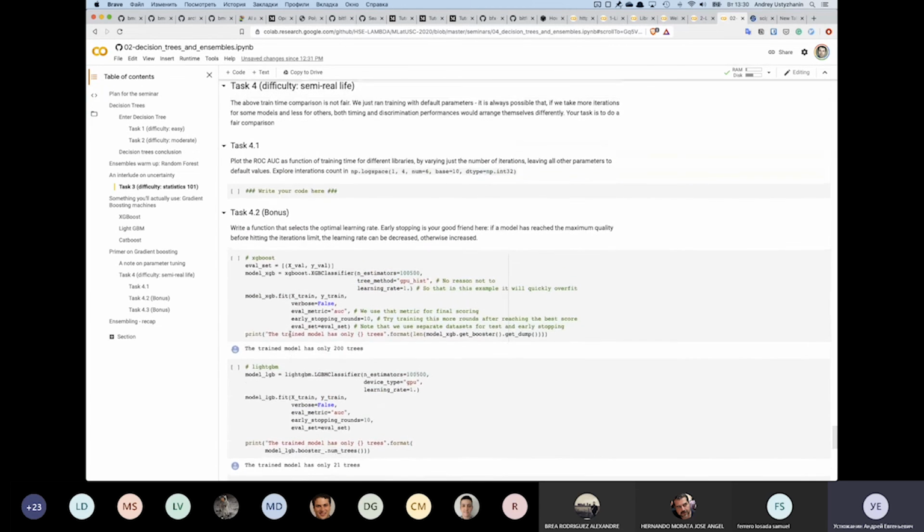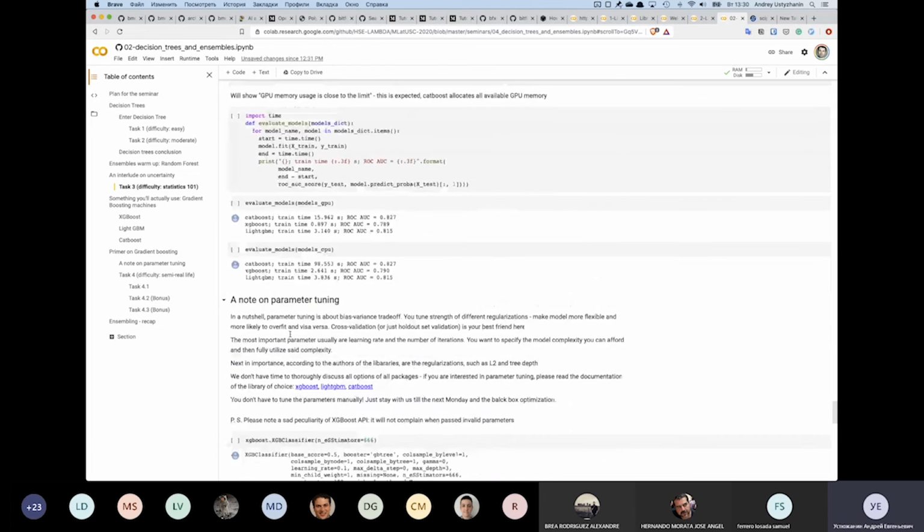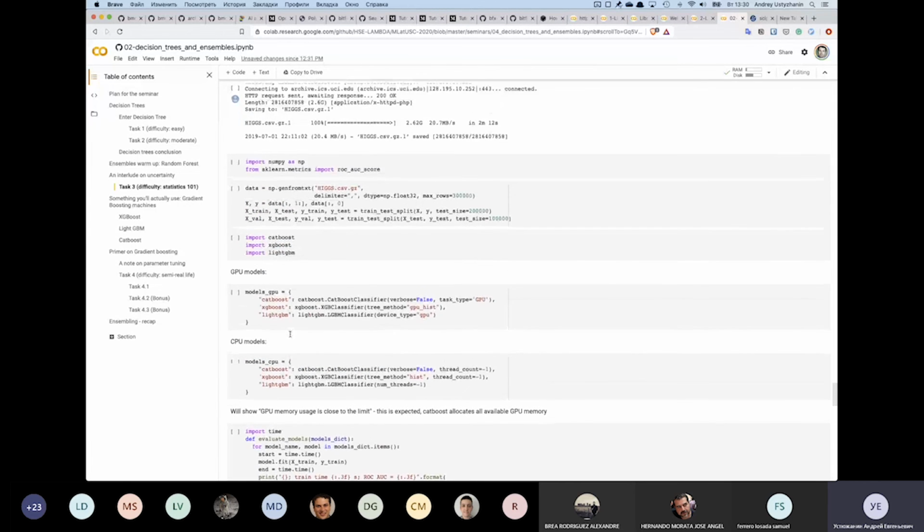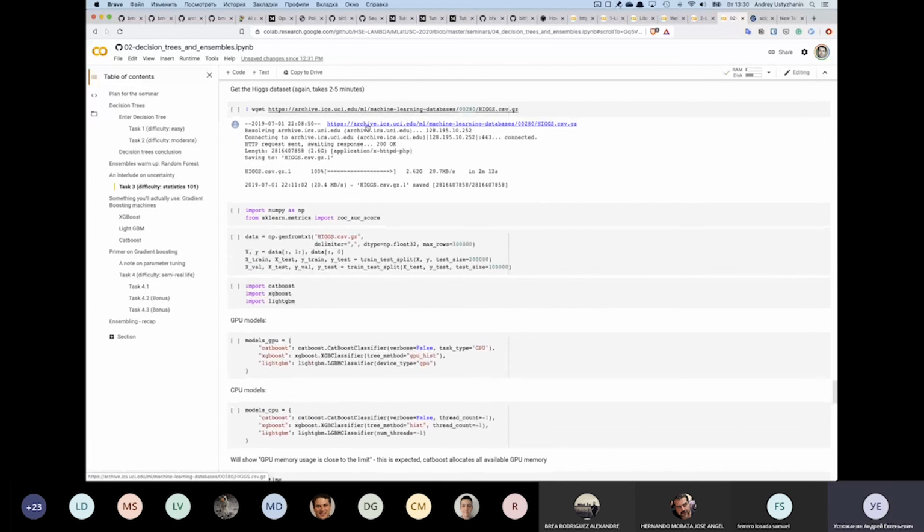And by the way, this Higgs dataset is coming from, let me check, the UCI archive, 2.6 gigabytes, that has been created to demonstrate that deep learning models based on neural networks can outperform regular decision tree based algorithms.